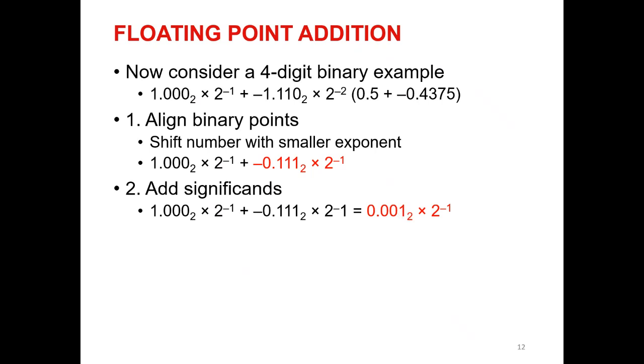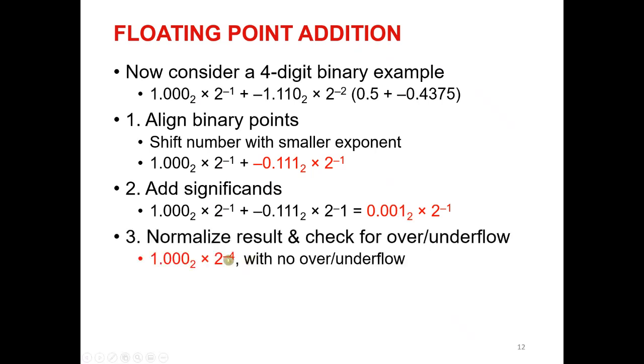After doing this, we normalize the result. What do we mean by normalizing the result? That we want only 1 digit before the point, and as we are in binary, we want that digit being 1. So here we need to shift 1 position, 2 positions, 3 positions to the left.